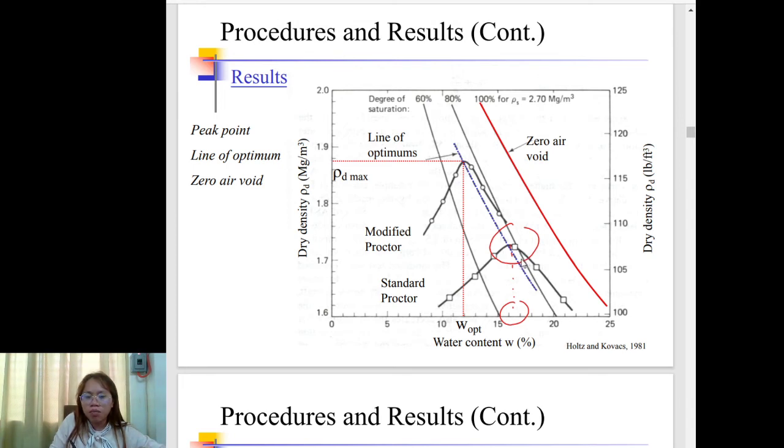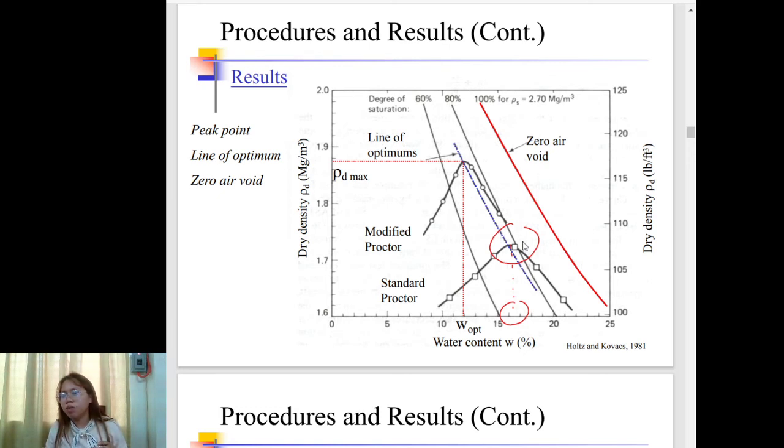Why is this important? Because this is the basis of the criteria, especially when constructing a road, where we have to determine the field density test, FDT.